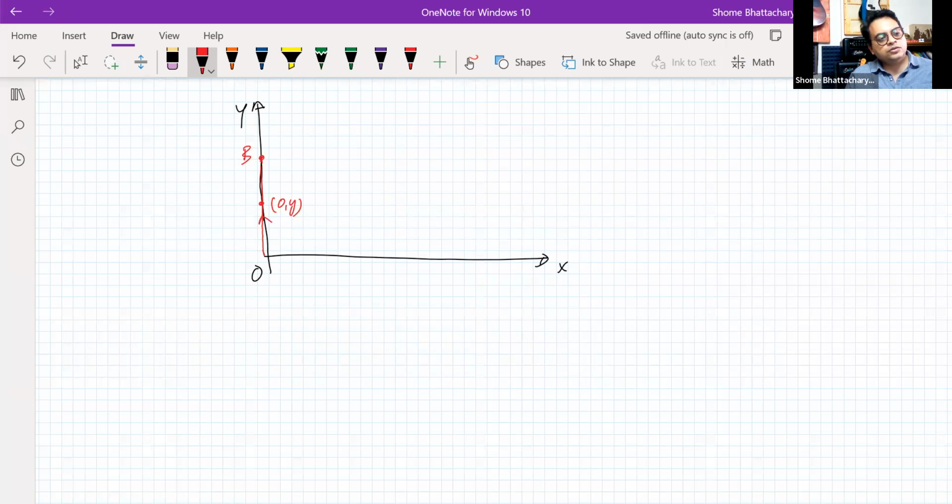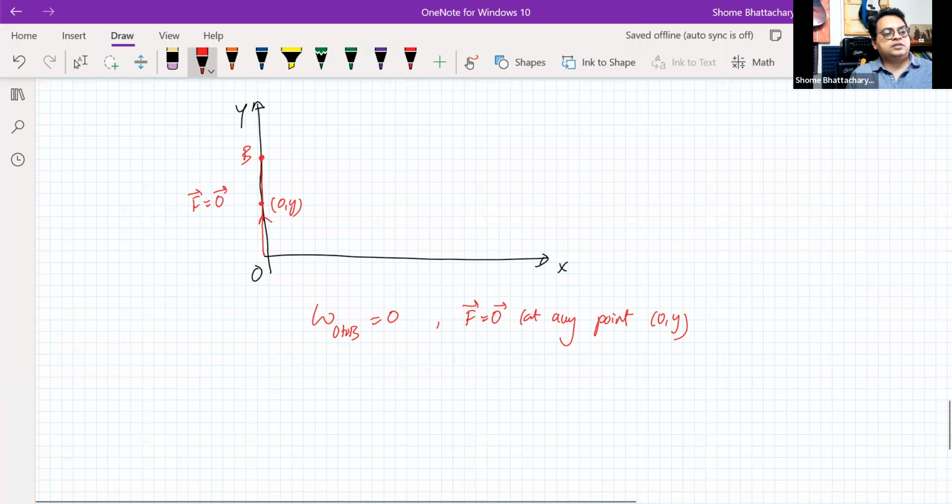So this time the force only is 0 at such a point. So work done from O to B is 0 because the force is 0 at any point 0 comma y.